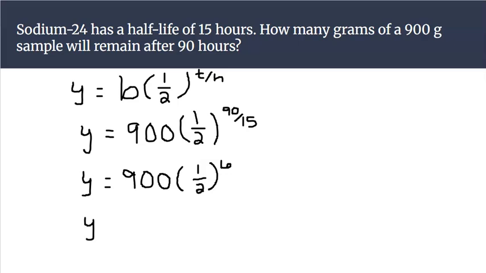Then we substitute this into a calculator: 900 times 1/2 raised to the 6th power. We always want to be as accurate as possible when dealing with half-life problems, so keep all the decimals. I'm going to have 14 grams.